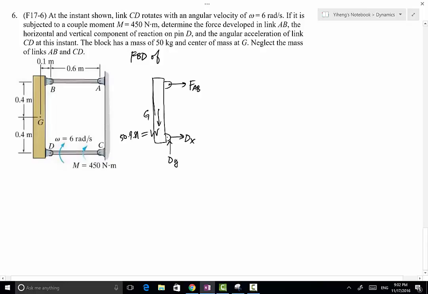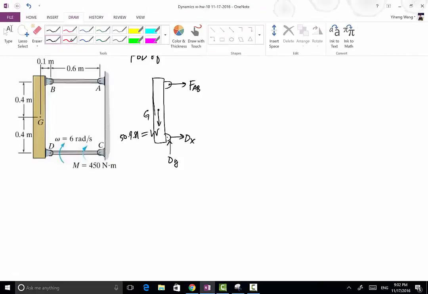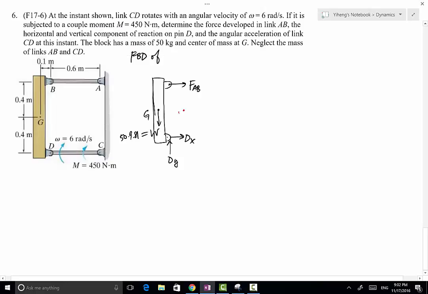And if we also draw its kinetic diagram, this is again point G, then we will have two components, MAX, which is 50 times AX, and MAY, which is 50 times AY.